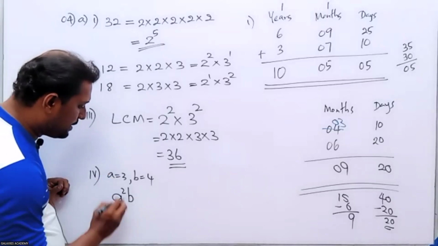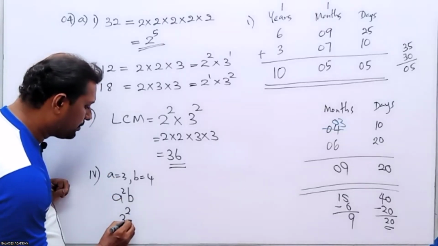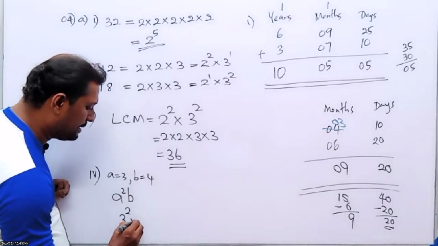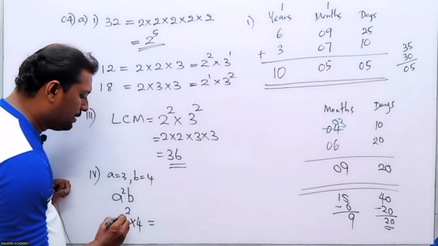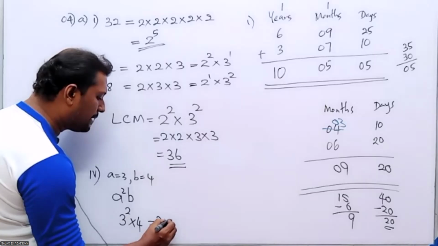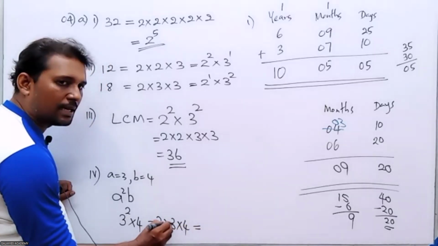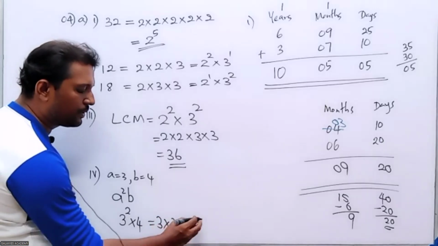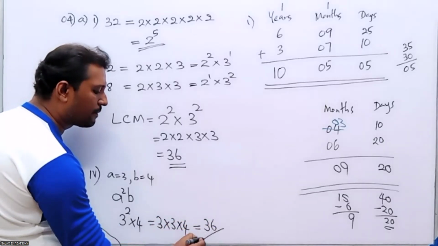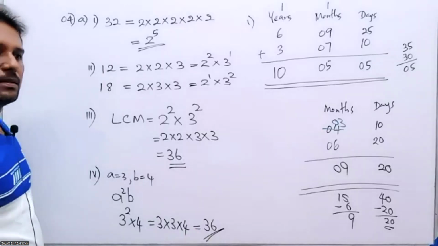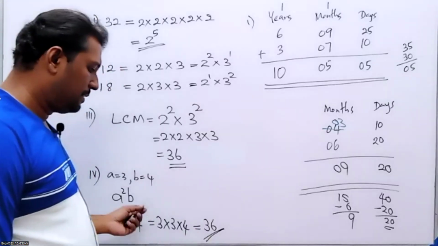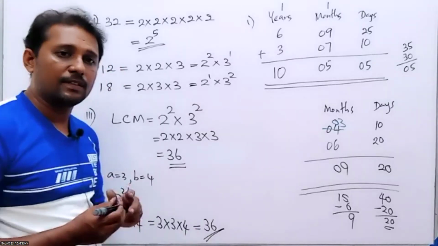A is 3, so 3 to the power 2 multiplied by B. B is 4. 3 to the power 2 means 3 times 3 times 4. 3 times 3 is 9, 9 times 4 is 36. So what is the answer? 36. It is the fourth part answer.